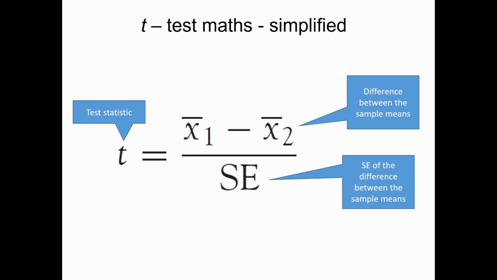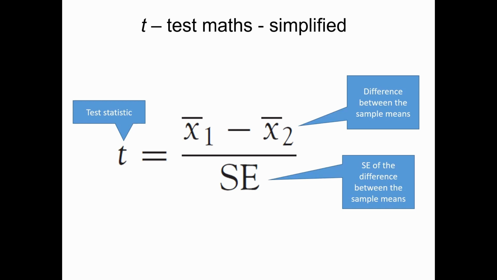We'll see this again and again in the parametric tests. So I want you to have a grasp that this is a ratio of the amount of difference. If the amount of difference between sample 1 and sample 2 was really small, and you had a large standard error, then what's going to happen to that test statistic? It's going to get small too, right?